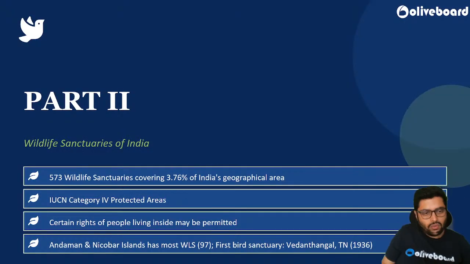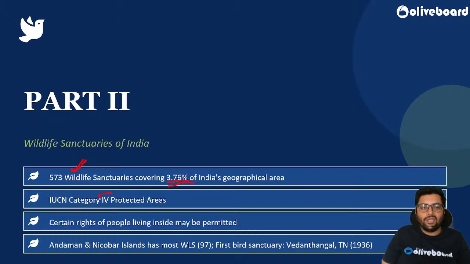Let us have a look at how wildlife sanctuaries are organized and how they are distributed. 573 wildlife sanctuaries covering 3.76% of India's geographical area.